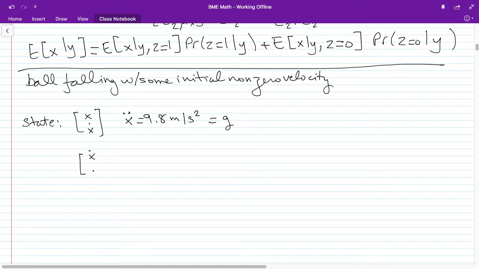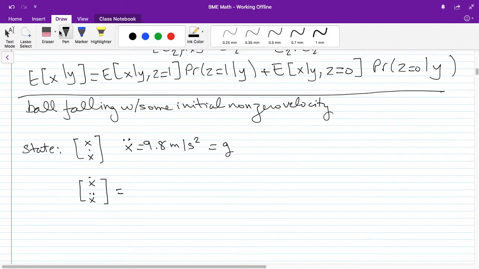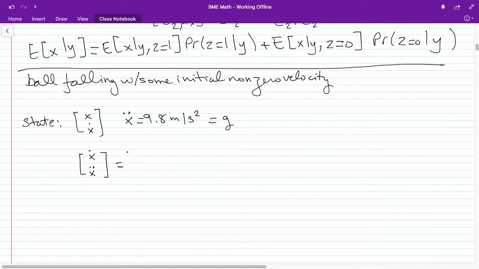It has change in state, which has velocity and acceleration, being equal to something, which I'm going to write down as a matrix that multiplies our state, x and x dot, plus something else. That's going to be our forcing function.